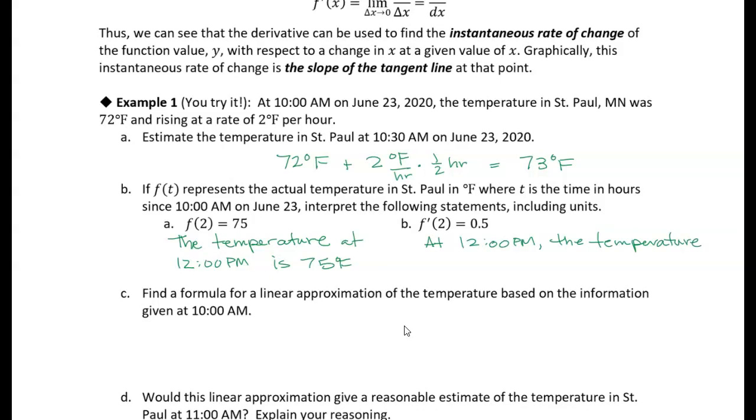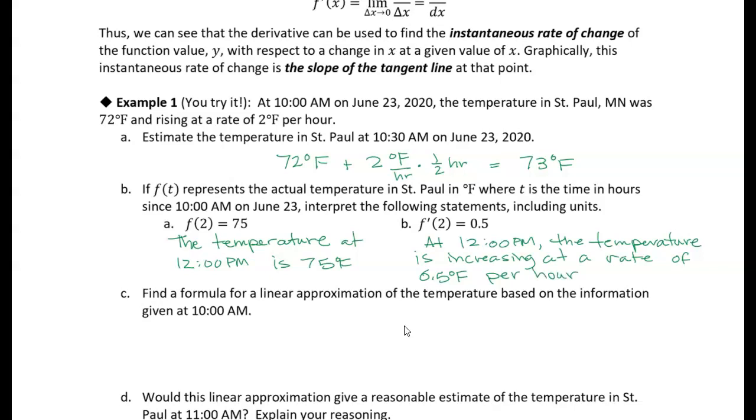Because this is our change in temperature with respect to time, and it's positive, so it's increasing at a rate of 0.5 degrees Fahrenheit per hour, right?